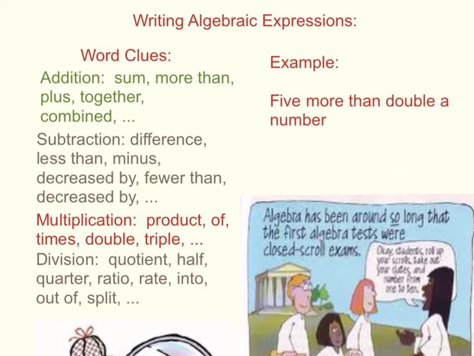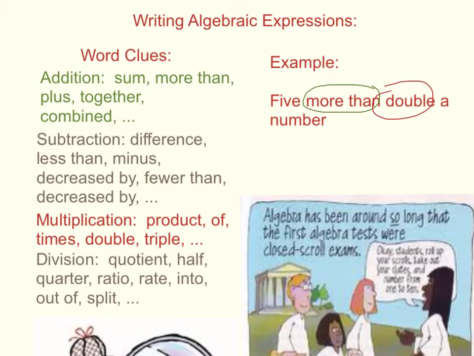5 more than double a number. There are a few key words in here that help us figure out what we want. We've got more than, which means addition, and we have double, which is multiplication. So, just like order of operations, we want to take care of the multiplication before the addition.